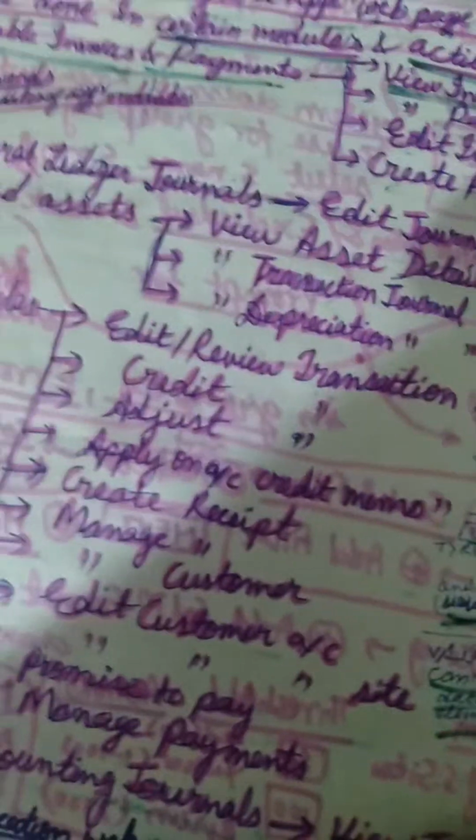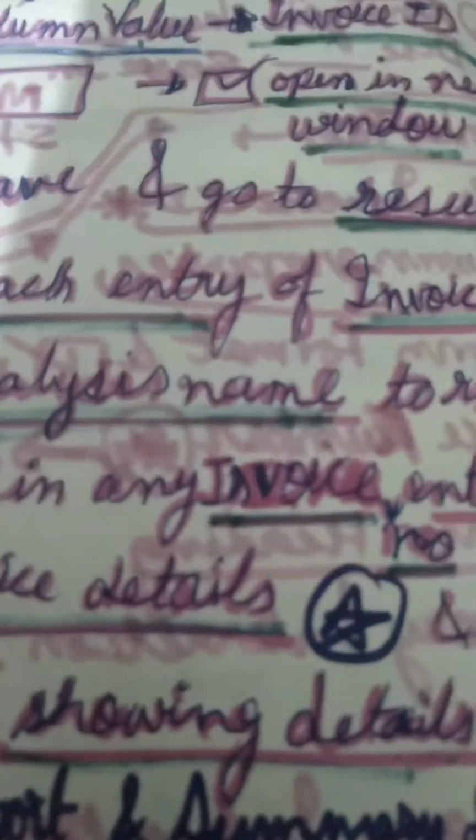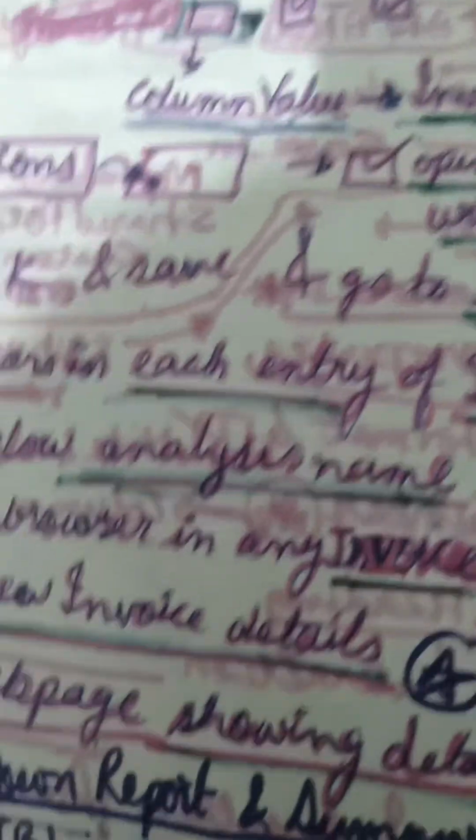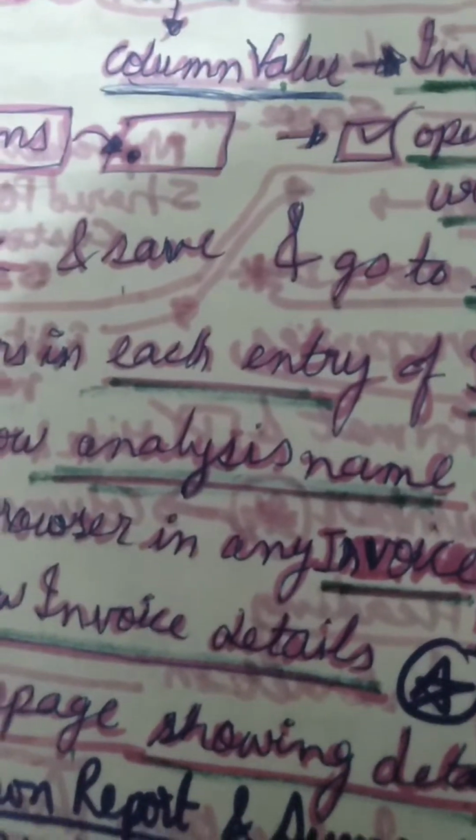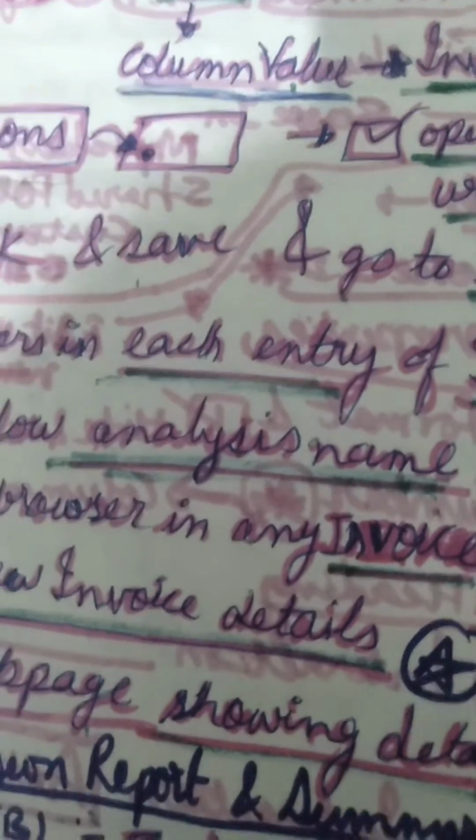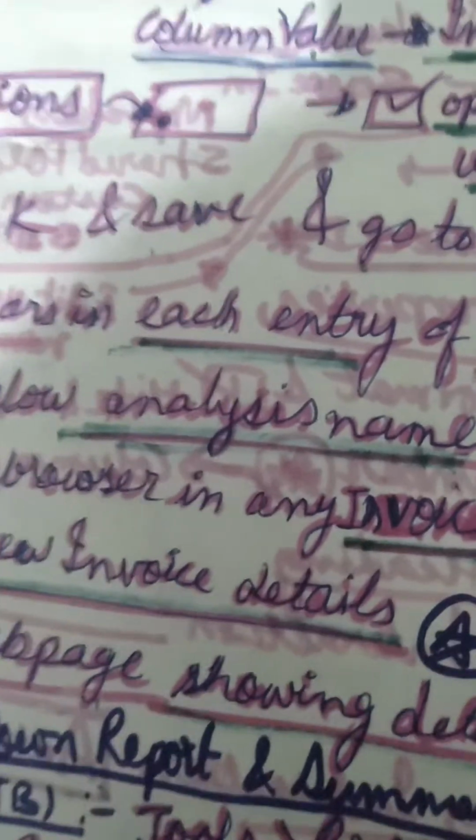We've seen the practical for that, and the next one is similar to that. Now we have something called a drill down report. In a drill through report, you navigate from the output of an OTBI analysis.